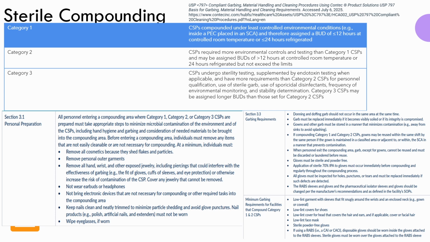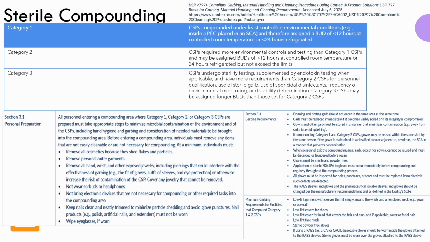And then you have category three, which has one of the strictest controls: sterility testing, endotoxin testing, more personnel qualification, use of sterile garb, use of sporicidal disinfectants, and more frequent environmental monitoring, in which they can actually have a longer beyond use date.